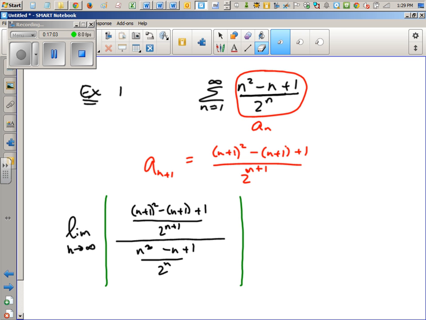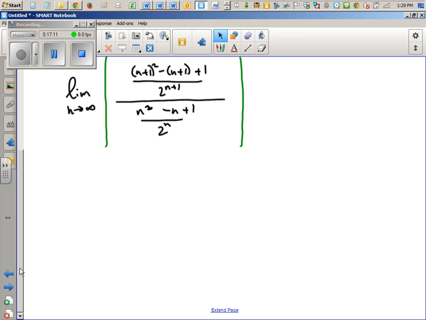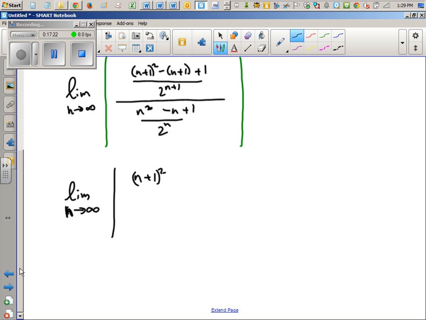Oh, yuck. Okay, let's clean it up a little bit. For example, some of this stuff just cancels out algebraically. So this will take me a few steps because I'm not trying to go too fast here. The top here is n plus 1 squared minus, and then right here there's a minus n minus 1, but then we're adding 1.